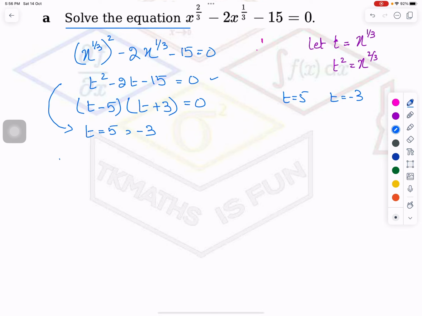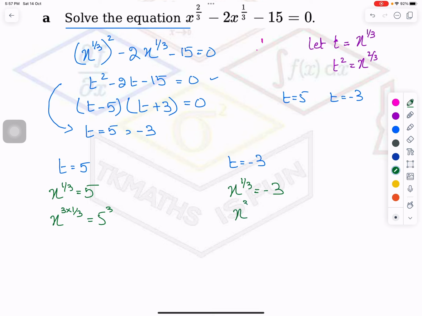So now I will take one time t equals 5, another time t equals minus 3, and the substitution I have taken here. So what was it? x power 1/3, right? Now how will you solve this? Any idea? Simply, if I raise both sides to the power of 3, then the question will be solved, because you can apply the same operation on both sides.